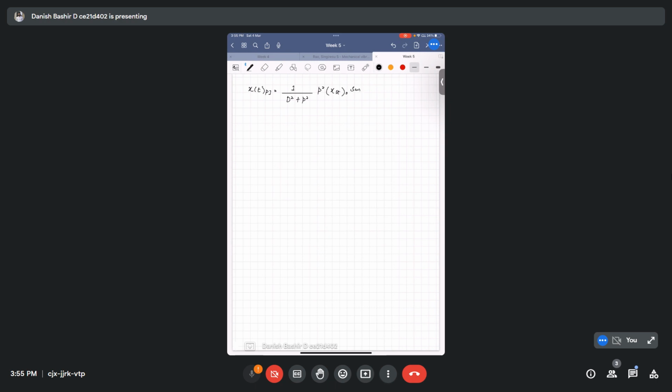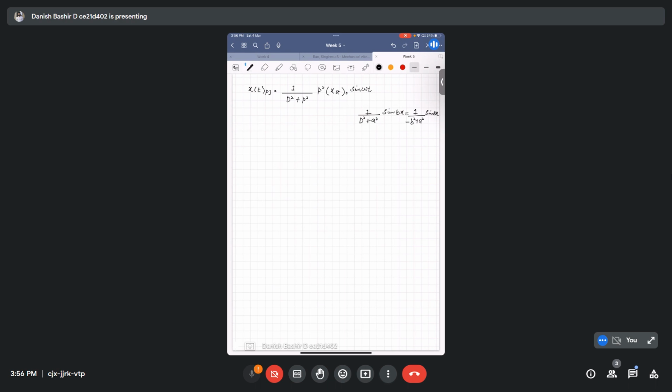You will also be familiar with this common formula: if we have a function sine bx in front of the operator 1 by (d square plus a square), the solution is 1 by (minus b square plus a square) sine bx.